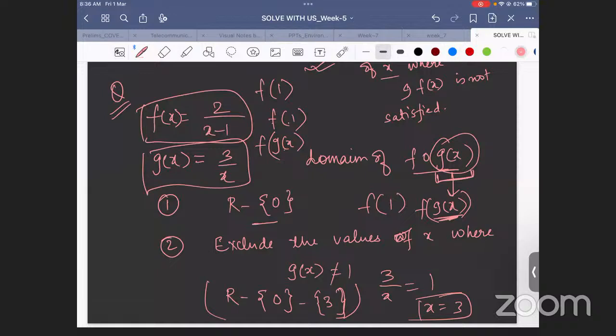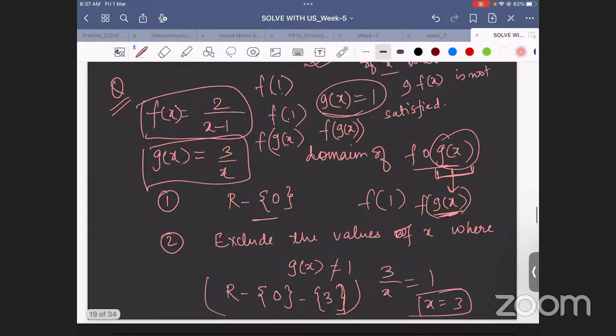So I have to exclude all those values of x where g of x equals 1. That means 3 upon x equals 1, so I have to exclude x equals 3. X equals 3 can't be possible.